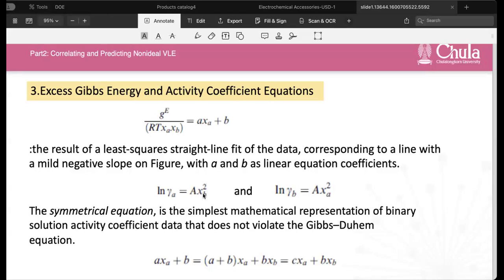A is constant, right? So we have 1 minus XA squared, right? So you obtain 2, 1 minus, yeah, you can derive it. 2 times.